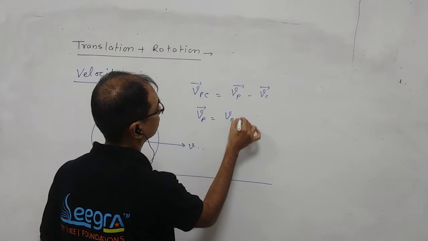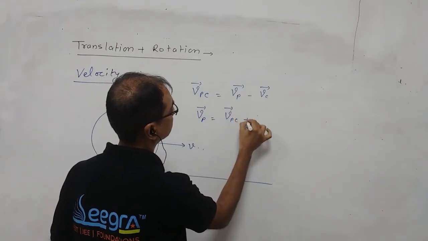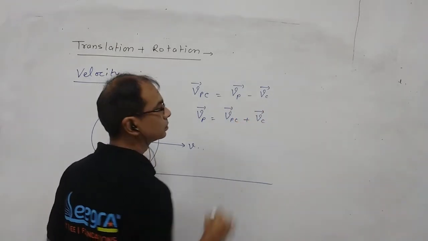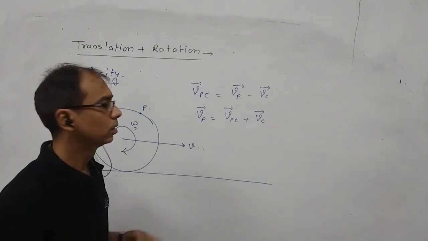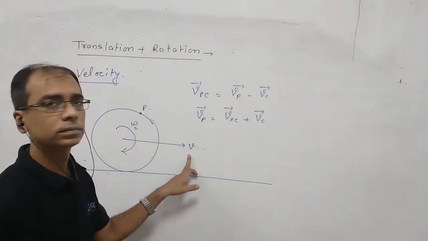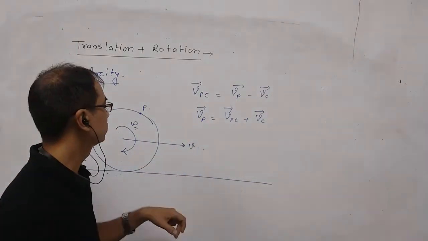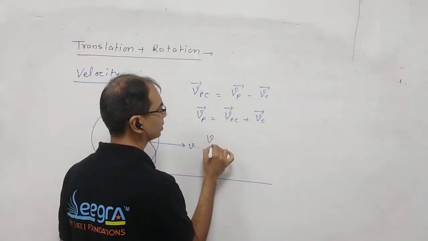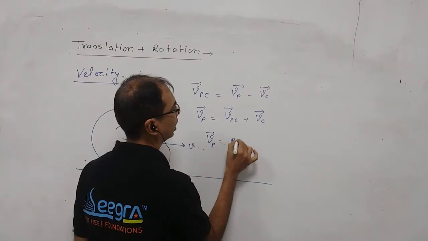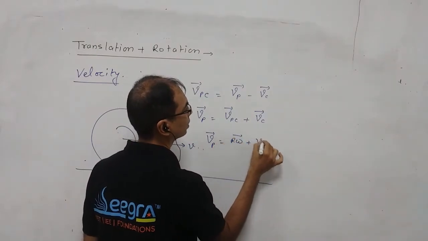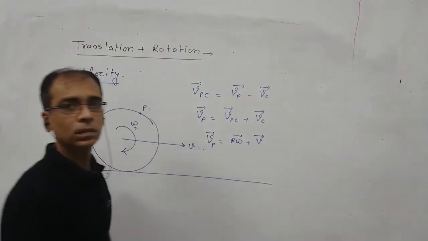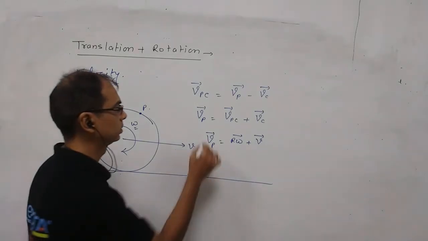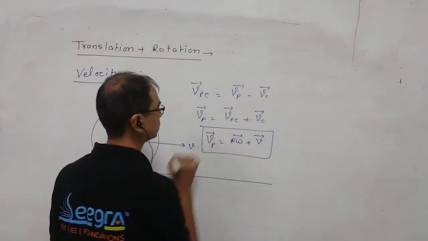Velocity of particle with respect to center of mass plus Vc. Now Vc we already know, that's V. And velocity of P with respect to C is R omega. So any particle's velocity is going to be R omega plus V. This is most important for us.